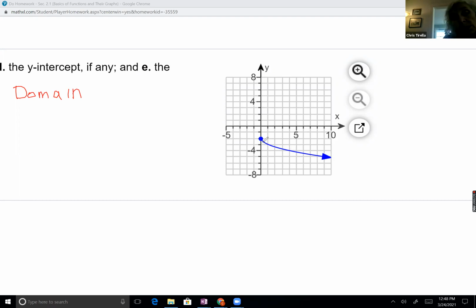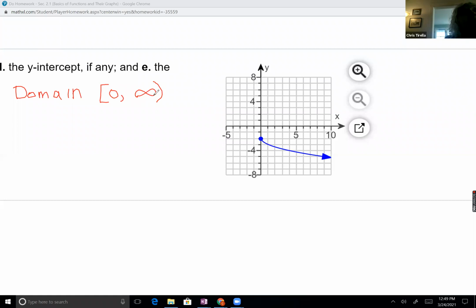The furthest to the left it goes is when x is 0. It's a colored-in dot, so I'm equaling 0. But now, is there a highest value or does it keep on going? It keeps going, so it goes from 0 to infinity.